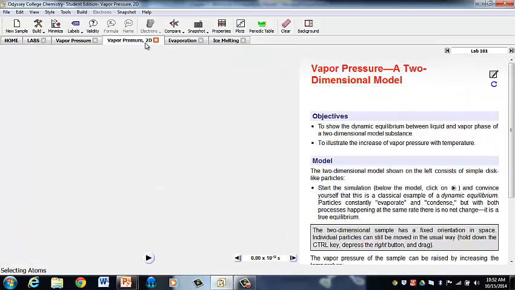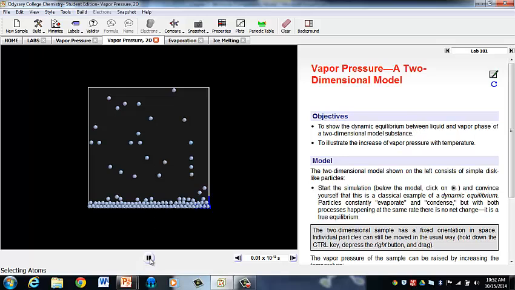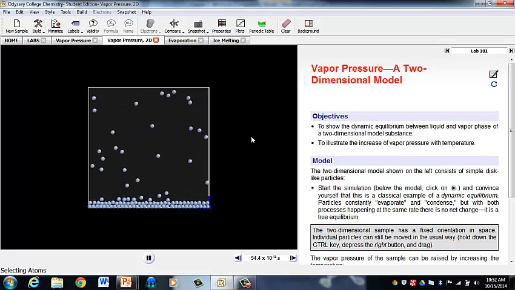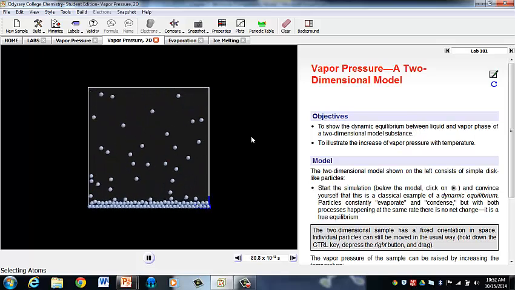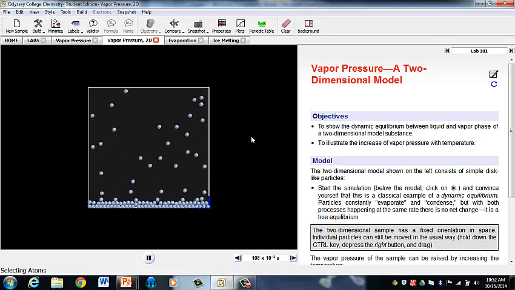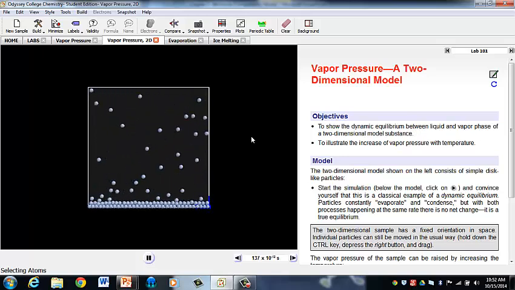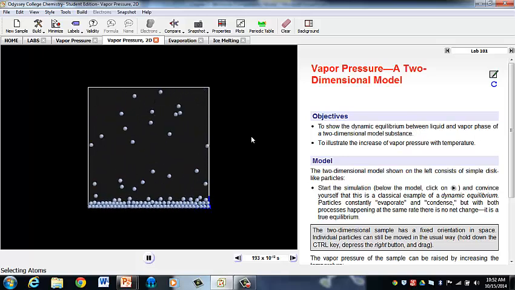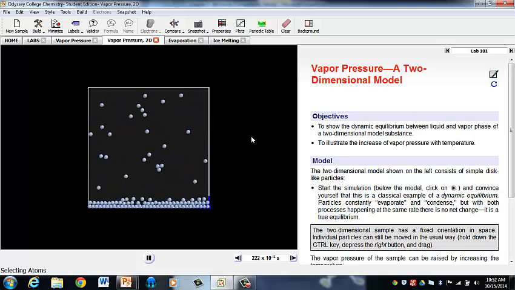I also have one that's in 2D here that might better illustrate the point. So if you watch this for a little bit, you'll see there's constantly particles breaking away from the surface and joining the gas phase, and there's constantly particles in the gas phase that hit the surface and stick.